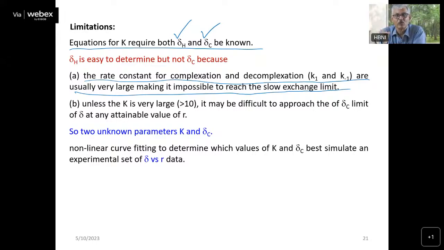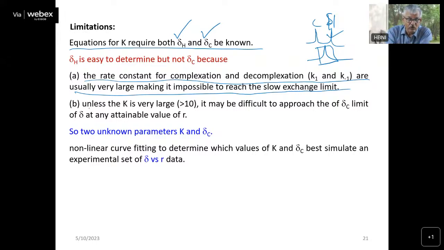If you are not able to reach the slow exchange limit, you will not be able to find out the delta C. If it is slow, you will get two peaks, one due to the complex and one due to the host. But if it is fast, you will get an average peak. For the host it is easy because the host is a pure material and you can record it separately. But you do not have a pure complex in your hand.